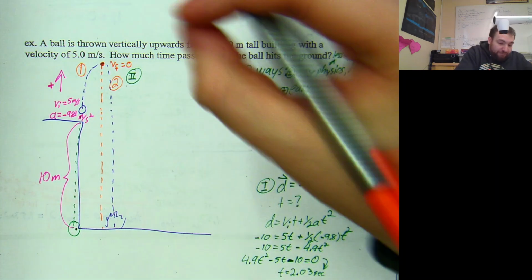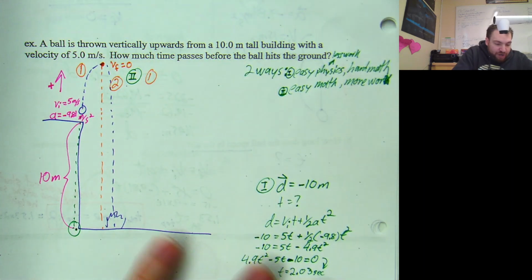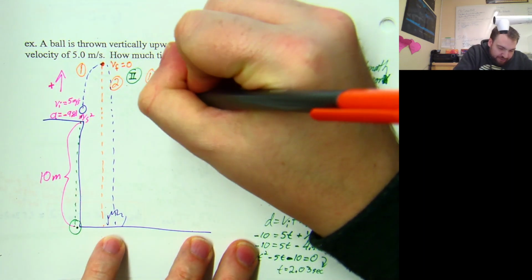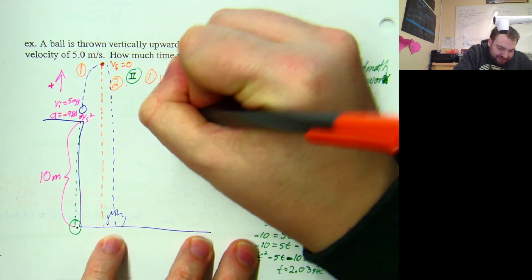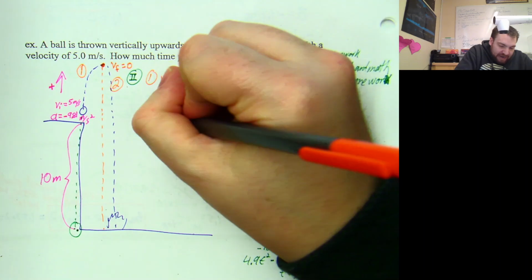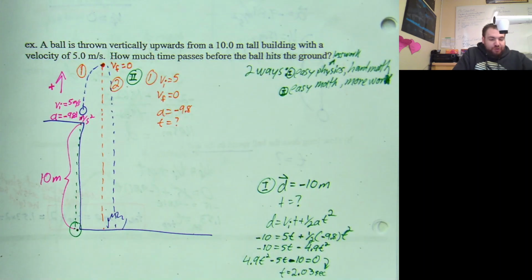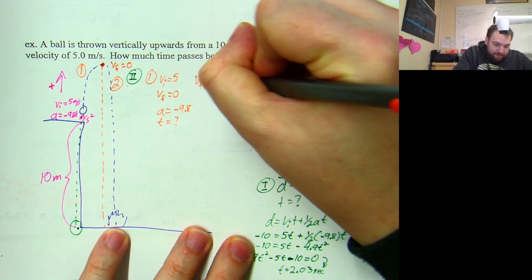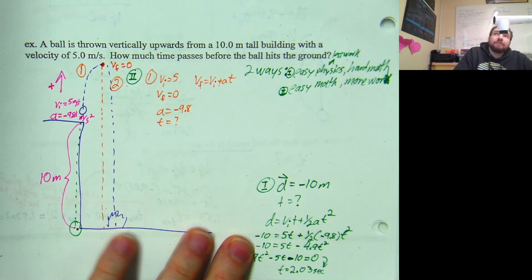So, for the first half of the problem, we know that VI equals 5, we know VF equals 0, and we know that the acceleration is negative 9.8. We want to find time. So there's a relatively easy equation that we can use: VF equals VI plus AT.